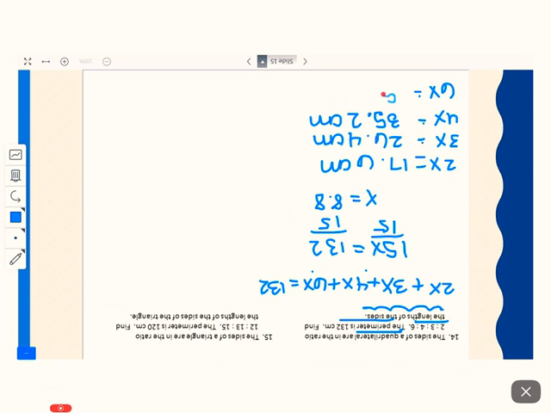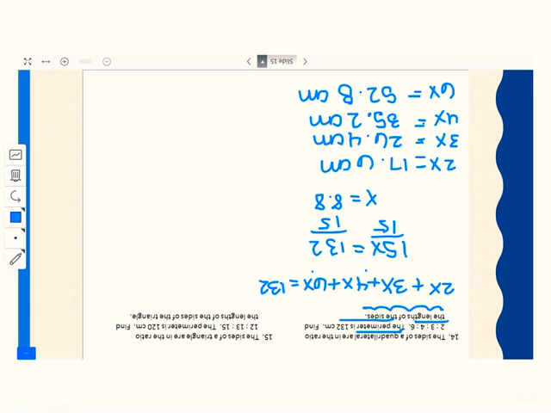And times 6 is 52.8. And you should be able to add up all of those sides and get 132. So that's an easy way to check that your math is correct, by adding all the sides to make sure it met both conditions.